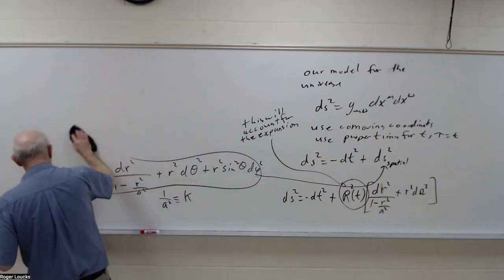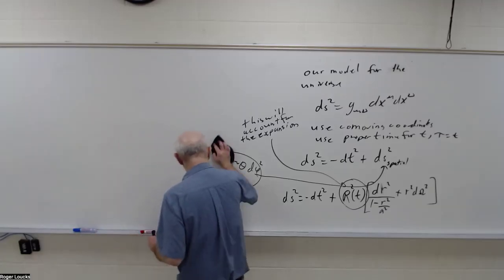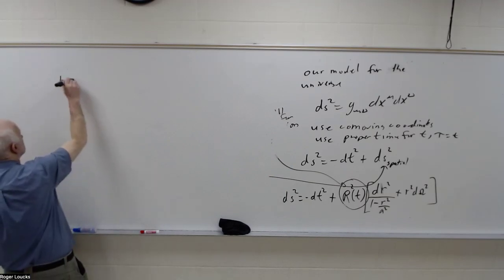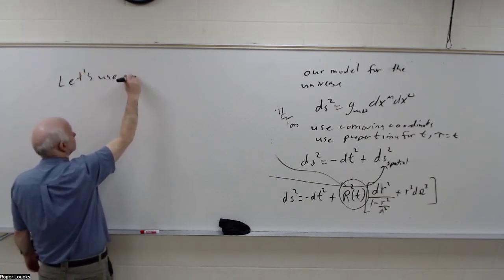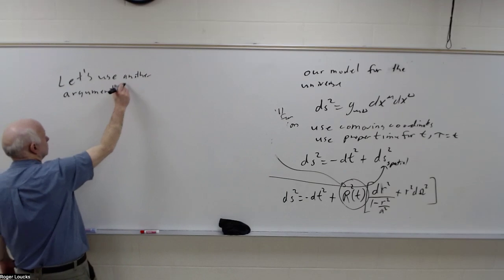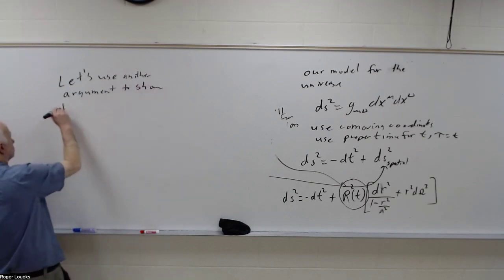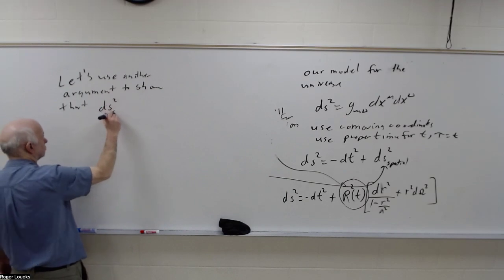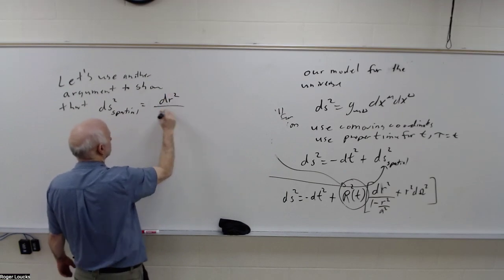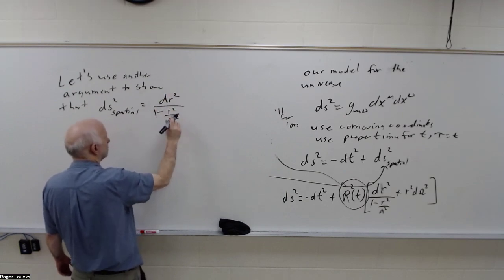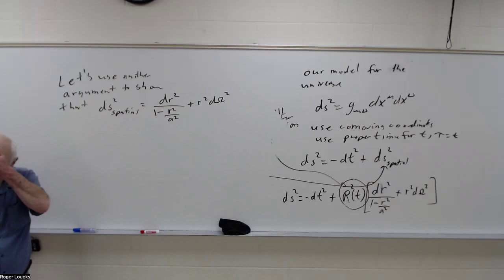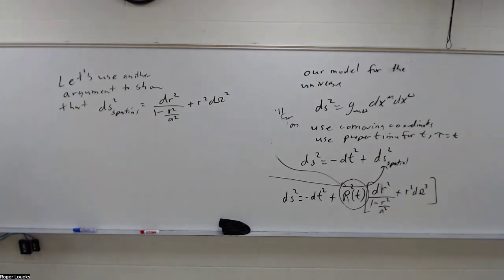But let's use another argument to show that this ds squared spatial order is dr squared over 1 minus r squared over a squared, that's r squared dr squared. Okay, so what are we going to do with that?